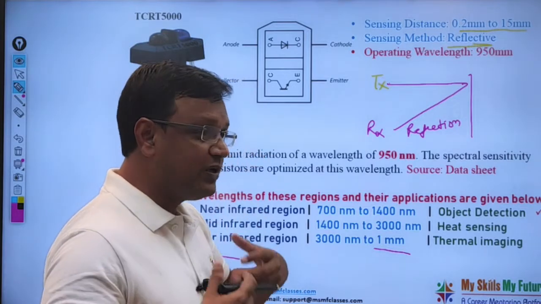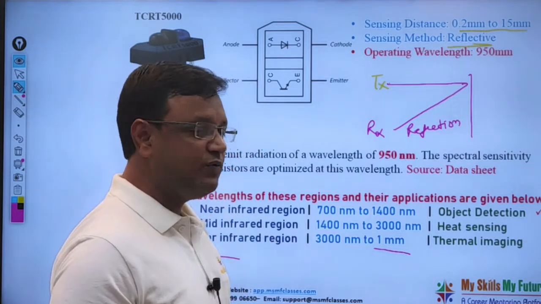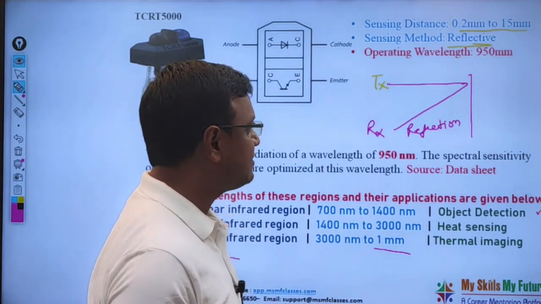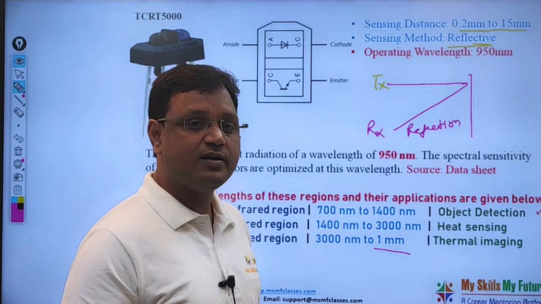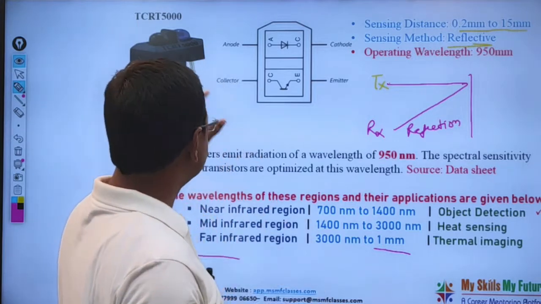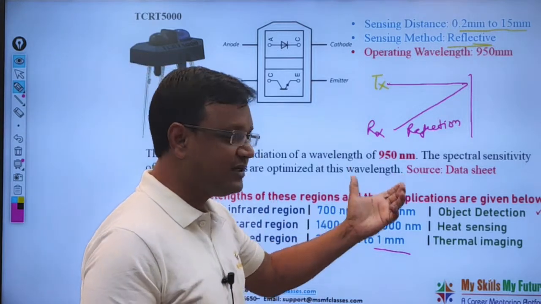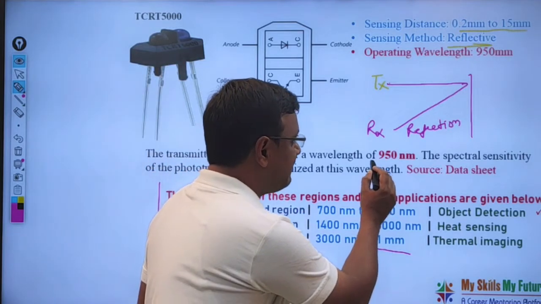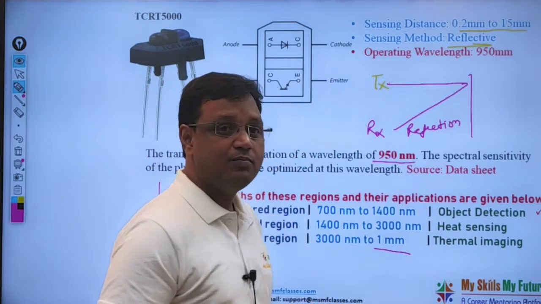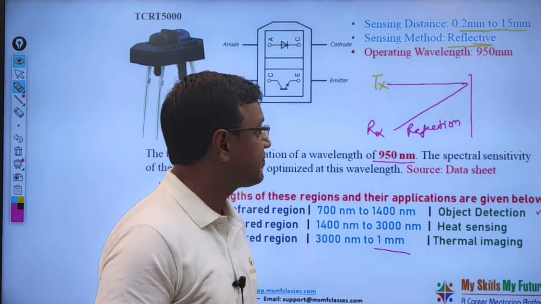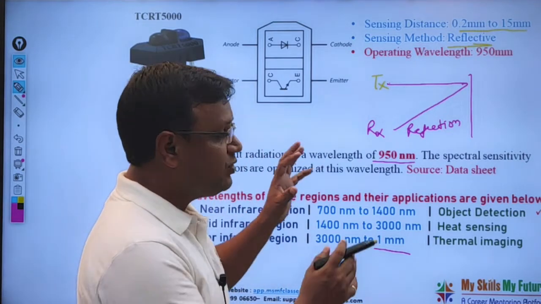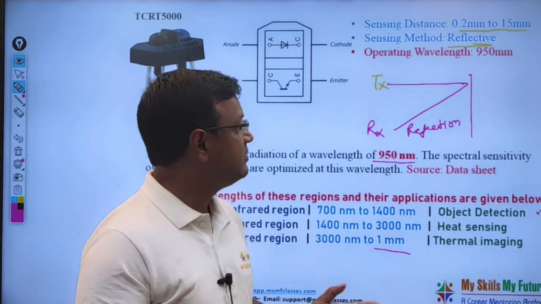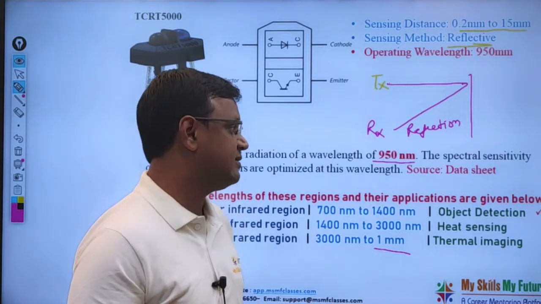To clear my doubt, we always have to search for authentic data. Authentic data is always the data sheet provided by the manufacturer of the sensor. When I studied the data sheet, I found that 950 nanometer is mentioned in it. So I came to the conclusion that it is a typing mistake by some data operator, right?